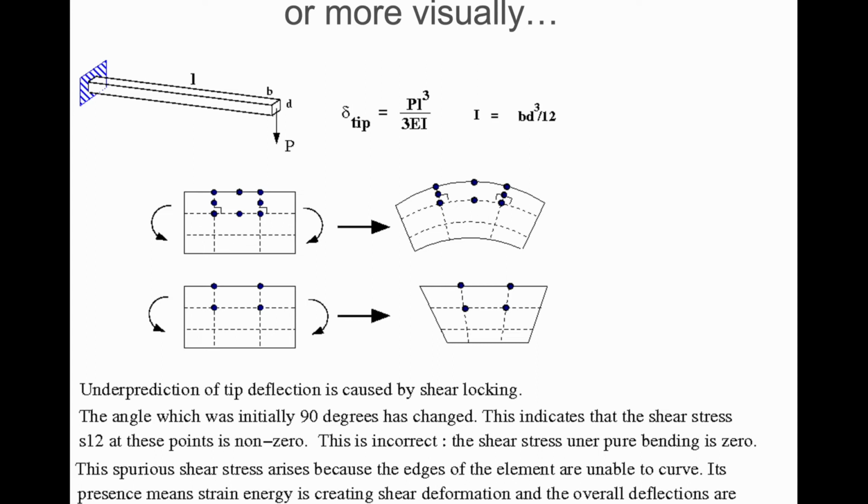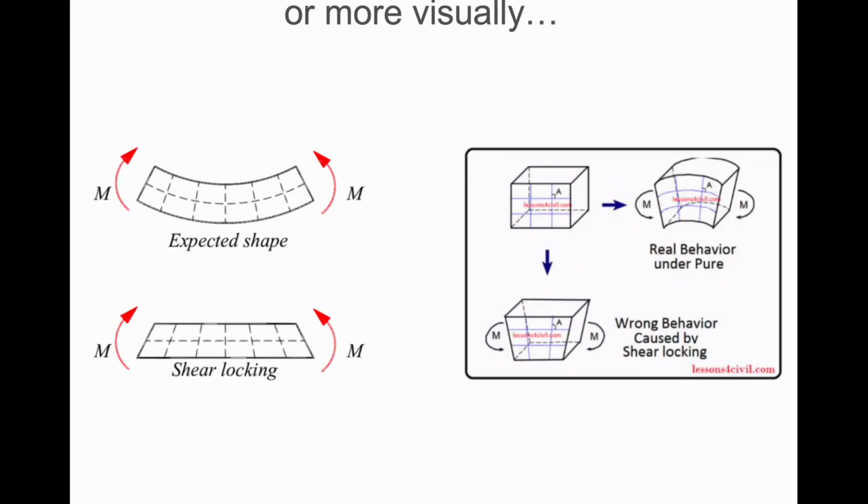So the element basically becomes too stiff because we are creating what we call parasitic strains that will lead to parasitic stresses. So yeah, visually you can see what happens when you have shear locking. All right, so this is a characteristic of a linear element.